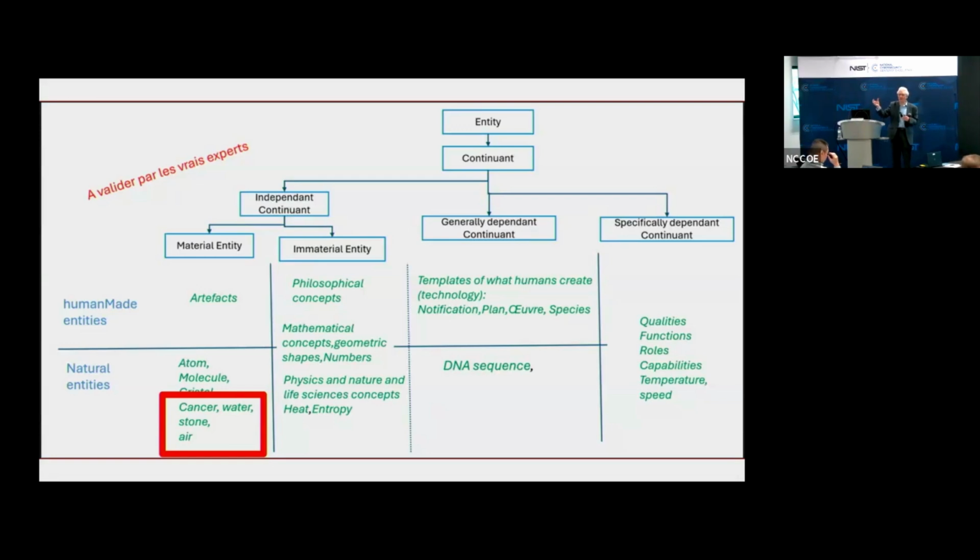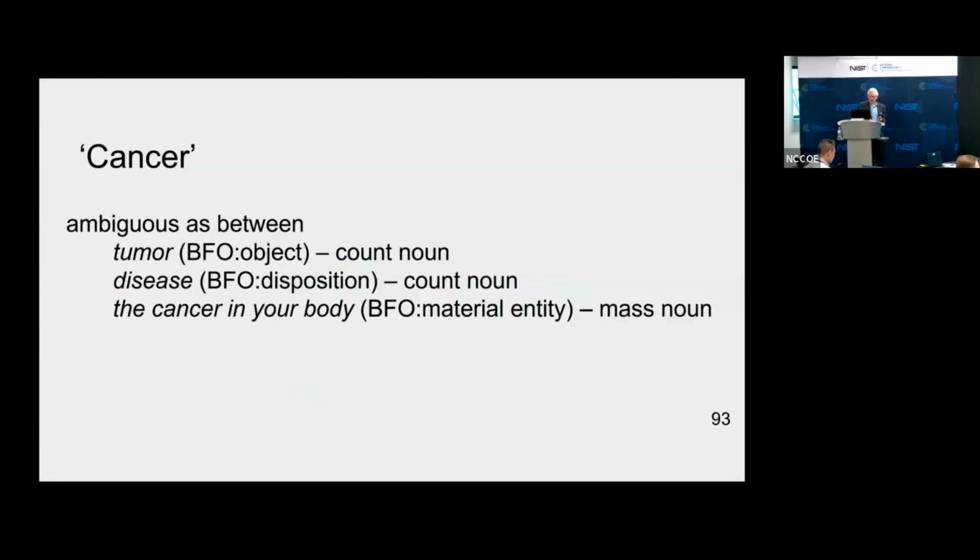So we may have a molecule which is a natural entity which cures cancer, which we find in a certain plant. It's natural, but then we make many copies of this molecule in a factory. It's the same molecule. And so there is no cut, no divide between man-made and natural entities in BFO or near BFO.